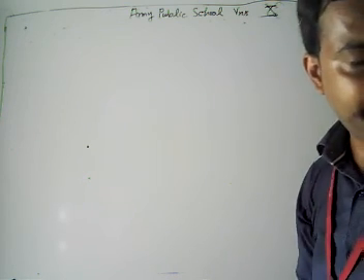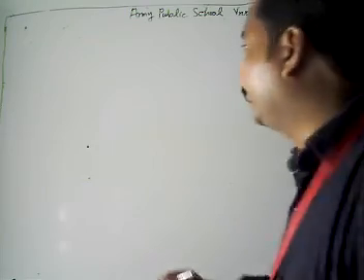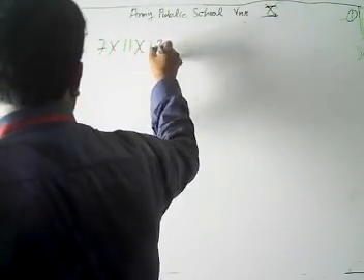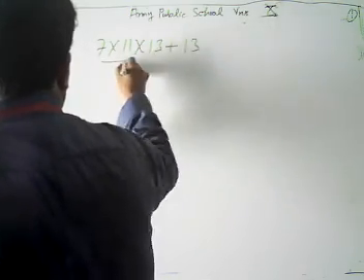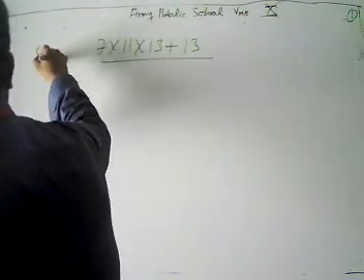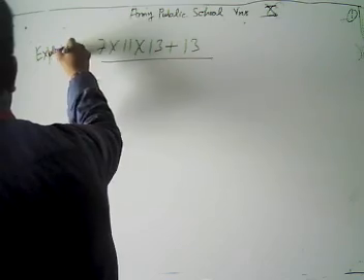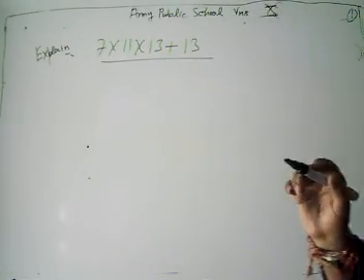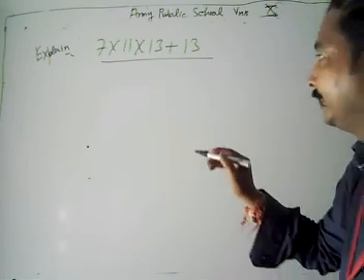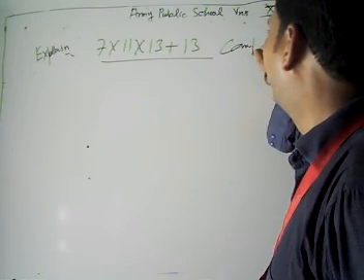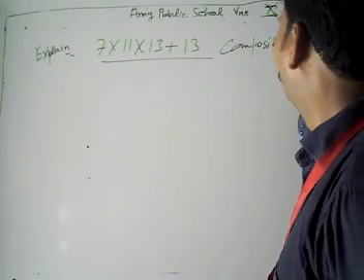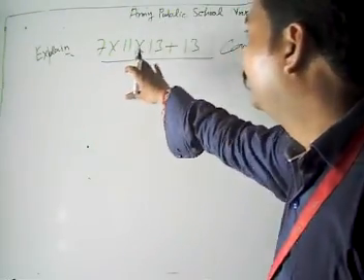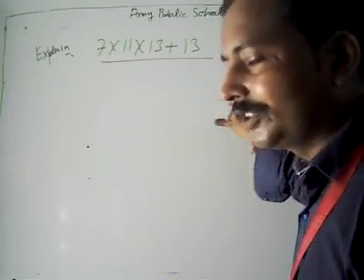We have to explain why 7 into 11 into 13 plus 13 is a composite number.